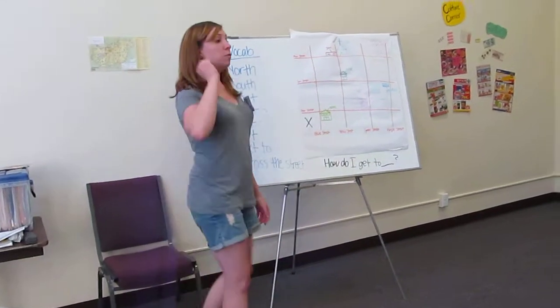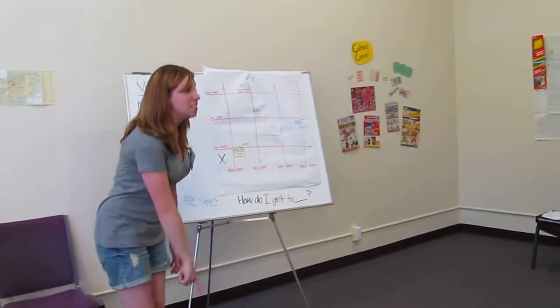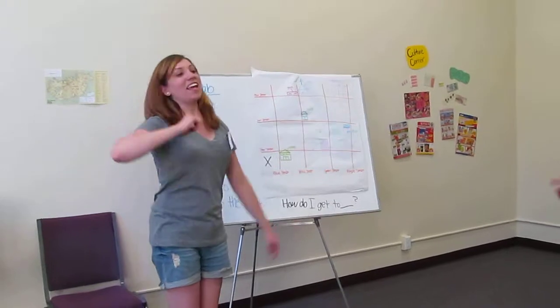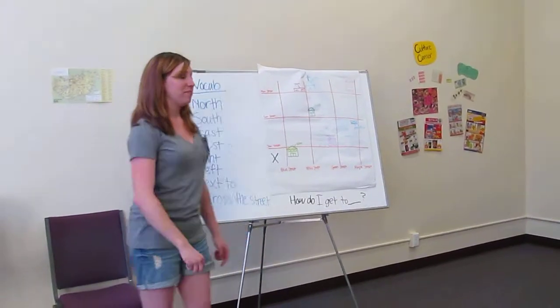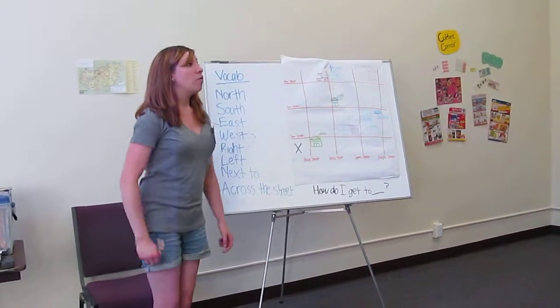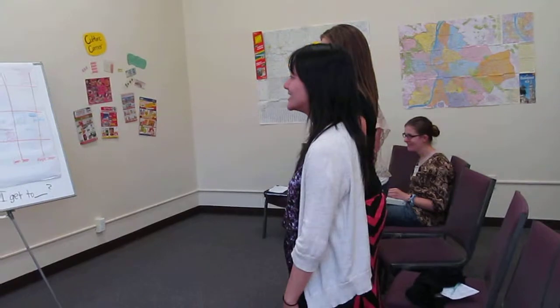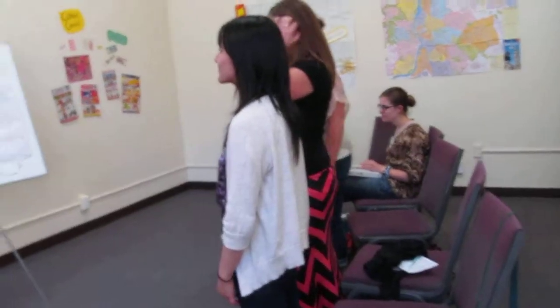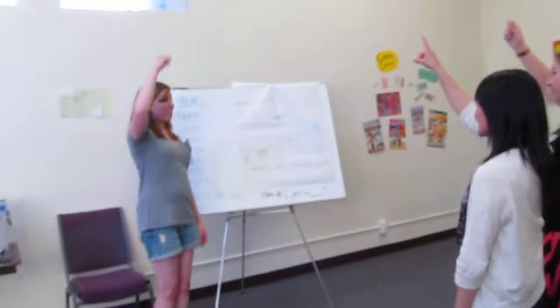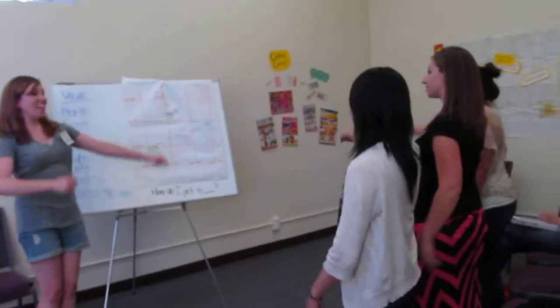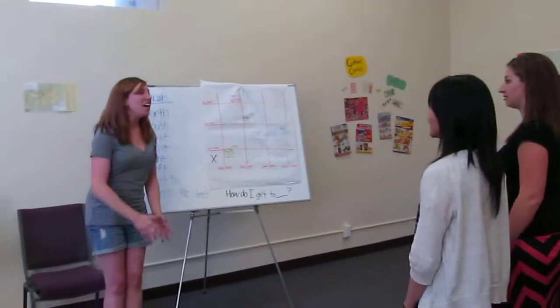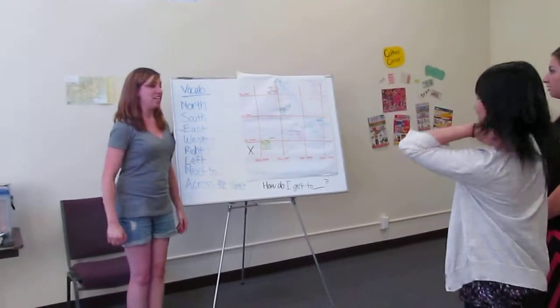So you guys remember we did north, south, east, and west, right? So this goes, I want to go north, south, east, and west. Let's do that part again, okay? I want to go north, south, east, and west. Good.